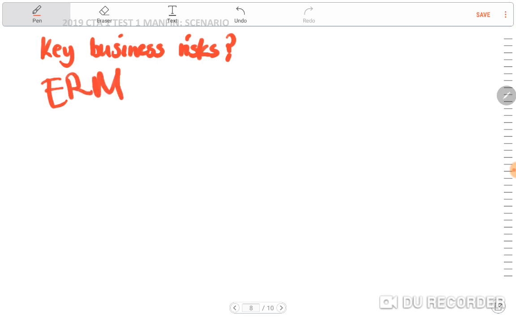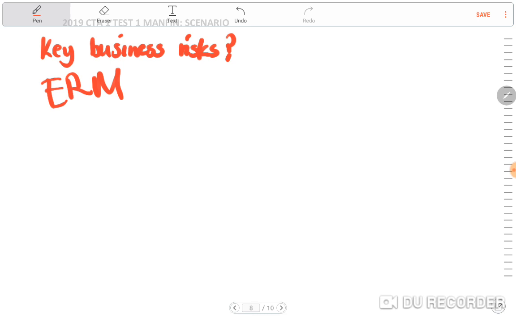So I'm sure you remember notes being uploaded with regards to this topic. If you go back to your enterprise risk management notes, there's a stage 5 which is written risk management process tools. So from there, you needed to identify tools to use.